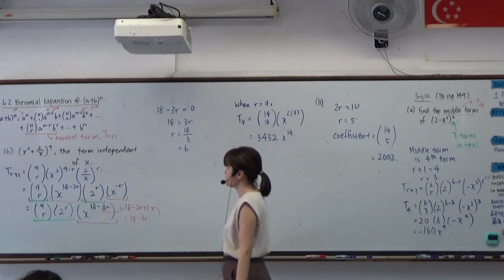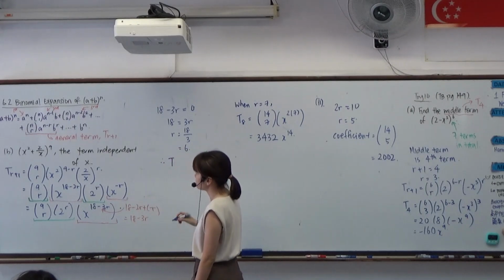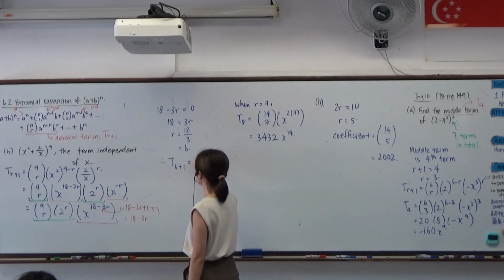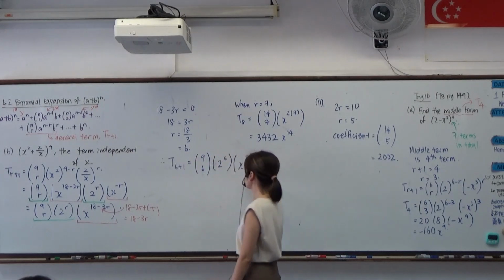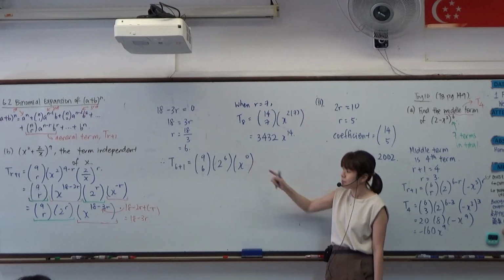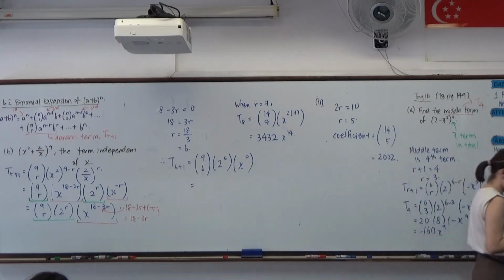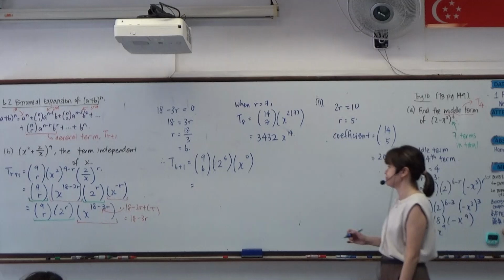So if r equals 6, I will find the term independent of x will actually be the 7th term. Naturally, this should be 0 already, so I'm skipping those steps. So that would be 5376.